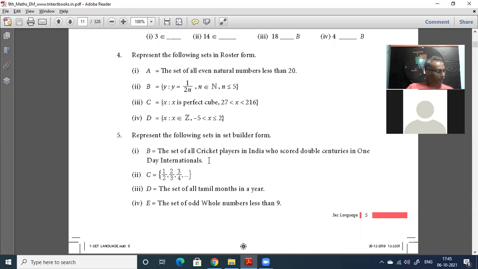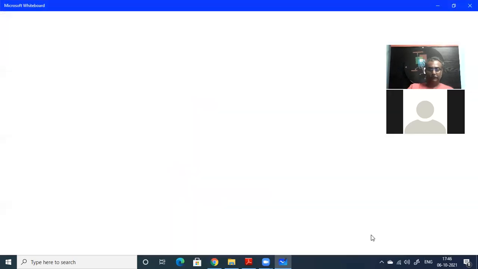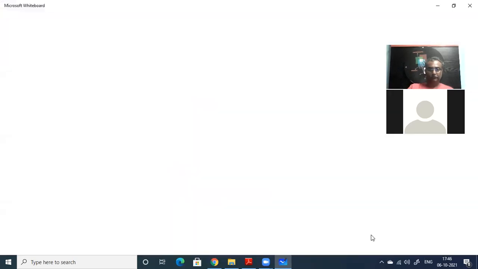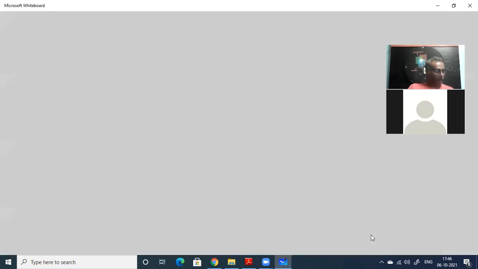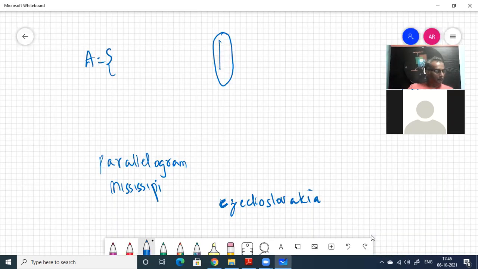Okay, how do you think you can represent that? Open curly bracket. X such that X is an Indian player who scored double centuries in one-day international. Very good. That's excellent.